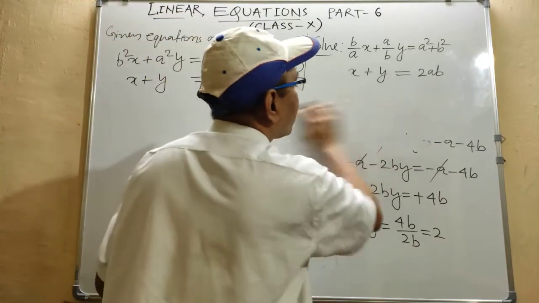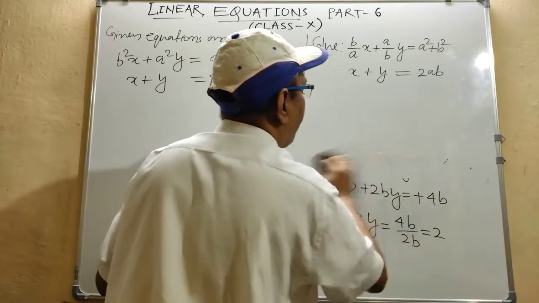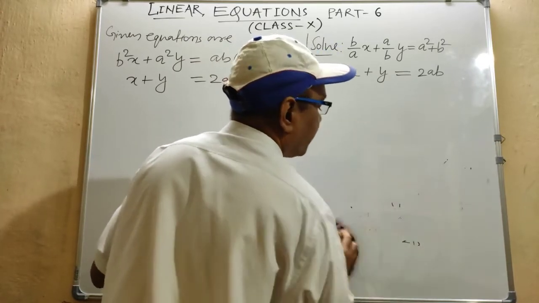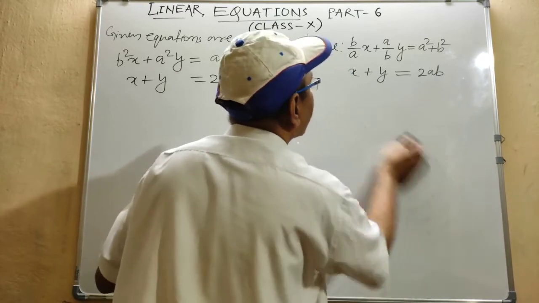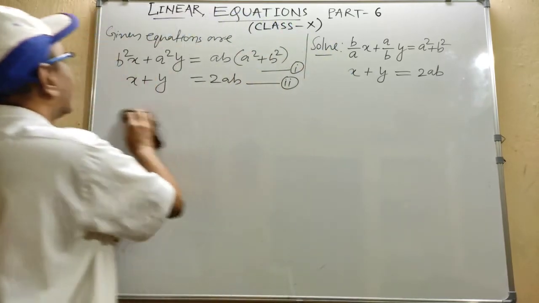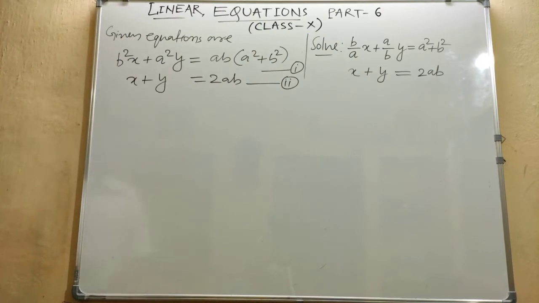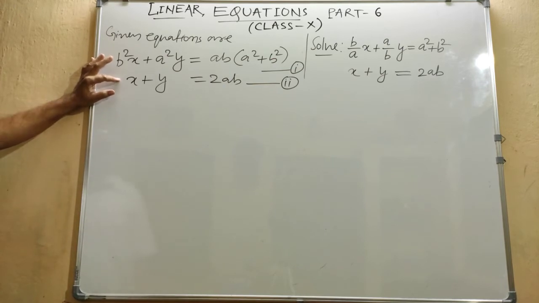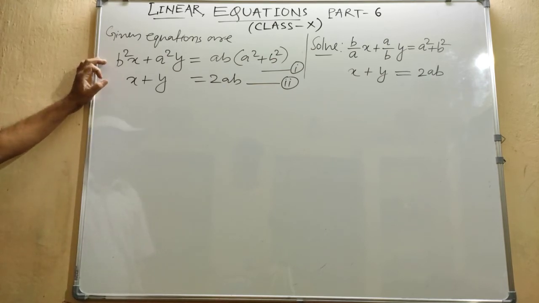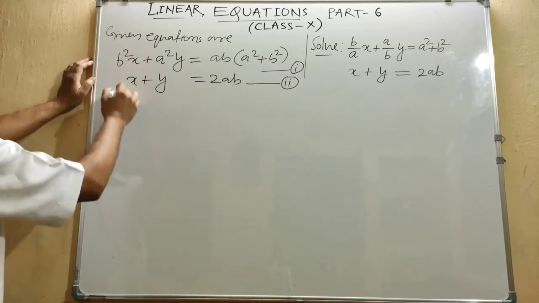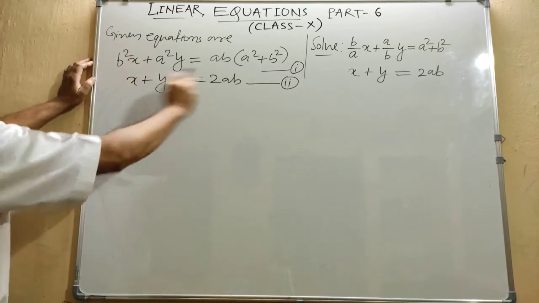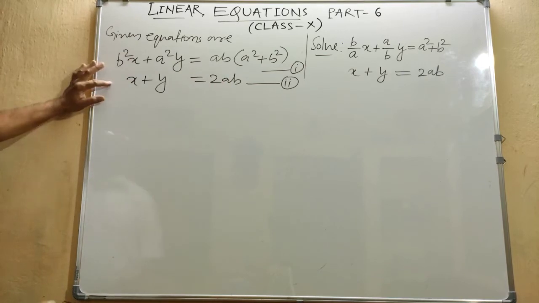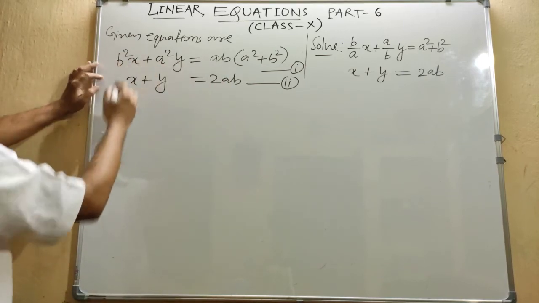So let me do the rough work now. See, here now try to make the coefficient of either x or y the same. Here the coefficient of x is b square, here the coefficient of x is 1. So try to make the coefficient of x equal. So you have to multiply the second equation by b square, and the first equation needs nothing.